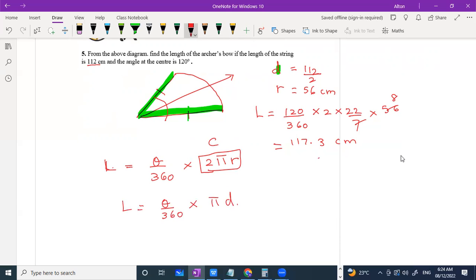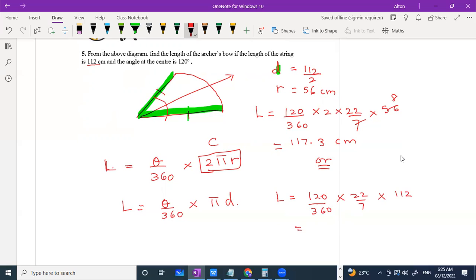So another method for working this last sum, if you know the diameter is 112, you simply put length of the arc would be 120 over 360 multiplied by pi multiplied by the diameter, which is 112. So it's just a slight variation of that.